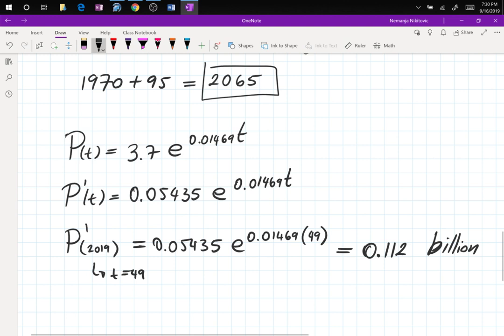Whatever that integral spits out is going to be the amount of people living on the planet in those 10 years, the 90s.